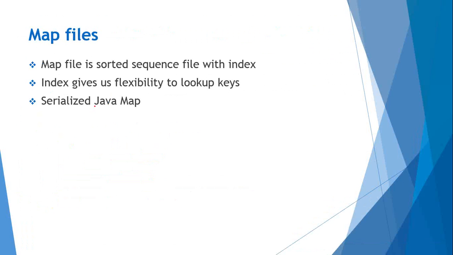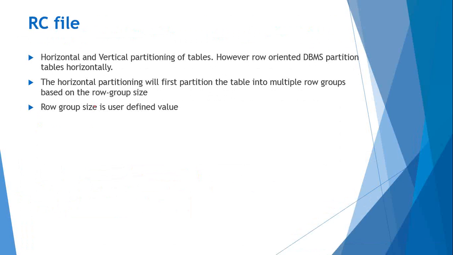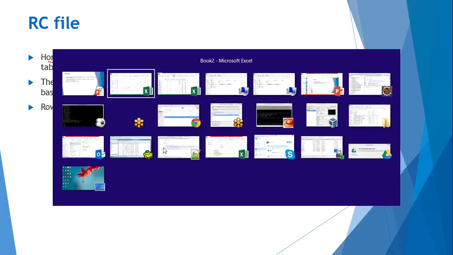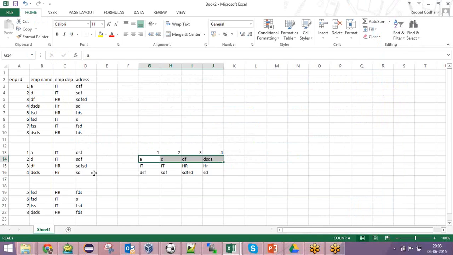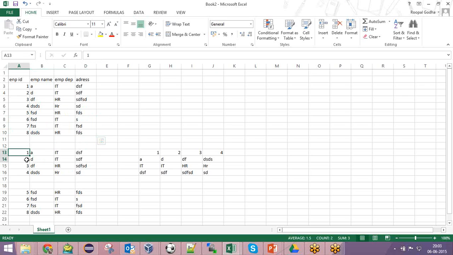So let's read this again. This is what I told you right now: horizontal and vertical partitioning of the table. How horizontal and how vertical? You first do horizontal partitioning, dividing the table into row groups, and then vertically you basically transpose the columns.